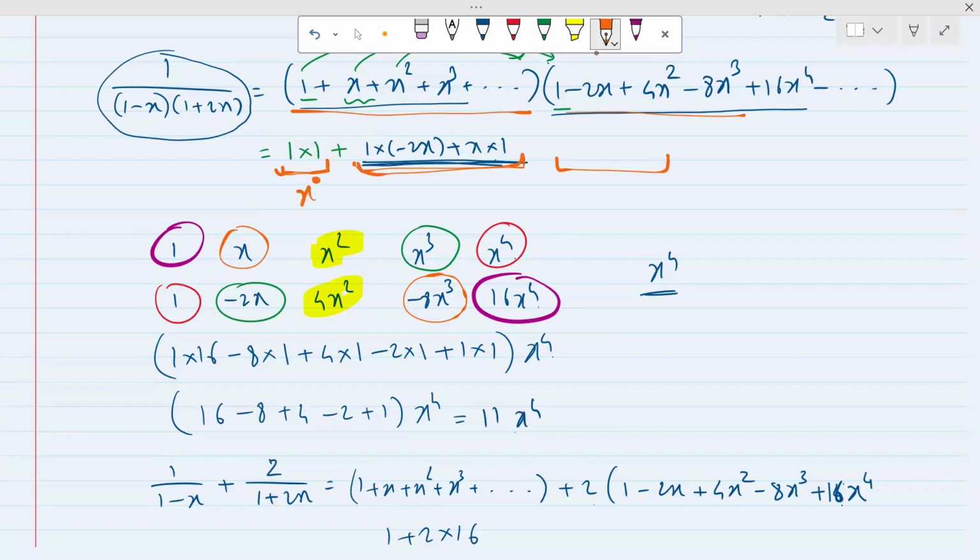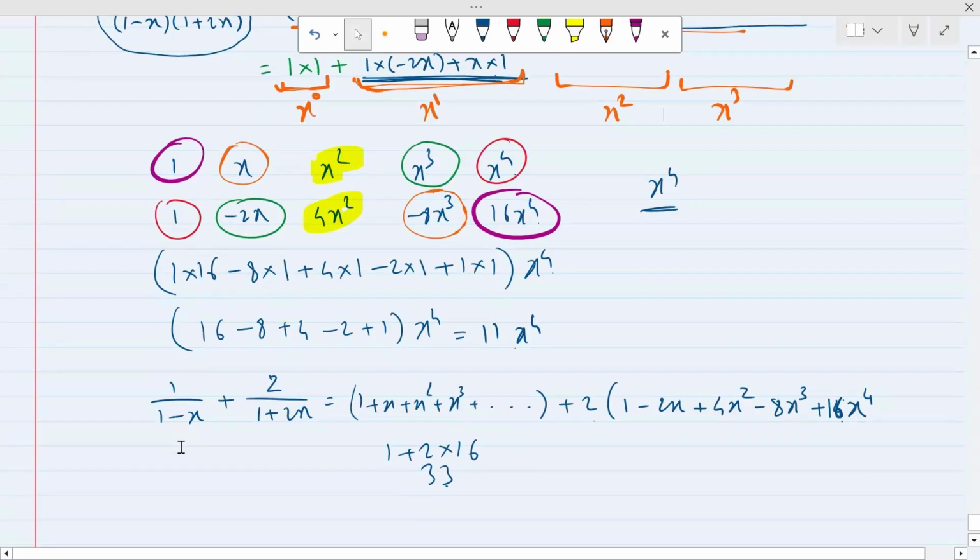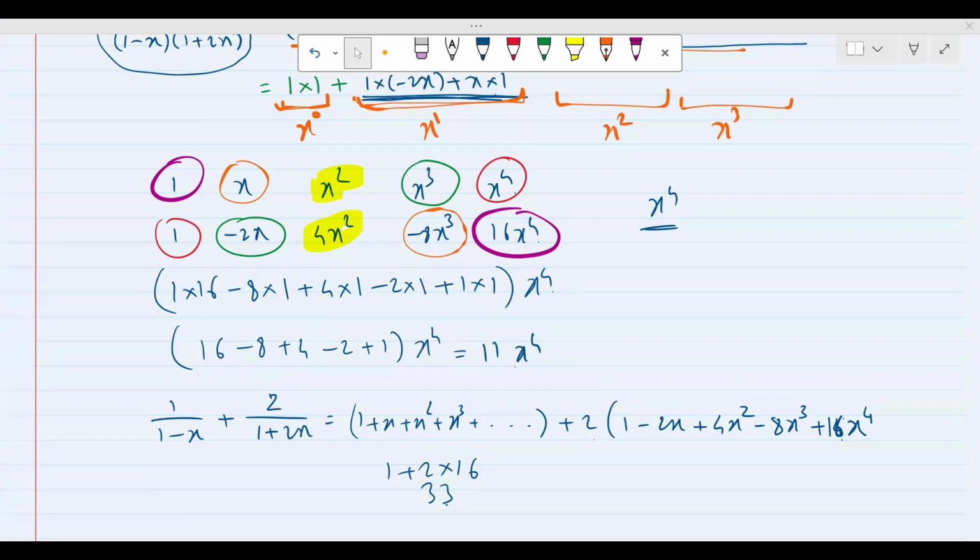The coefficient of x to the 0, x to the 1, x square, x cube. In that way, you can write down the multiplication of these two infinite series. I hope it is followed by all of you. Do you have any doubt in this? No, sir.